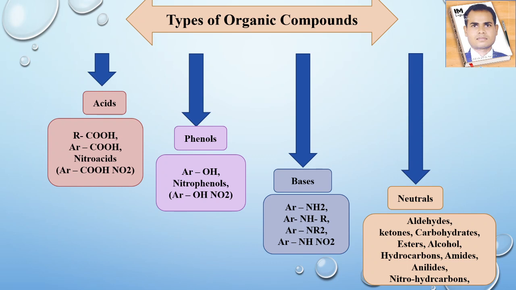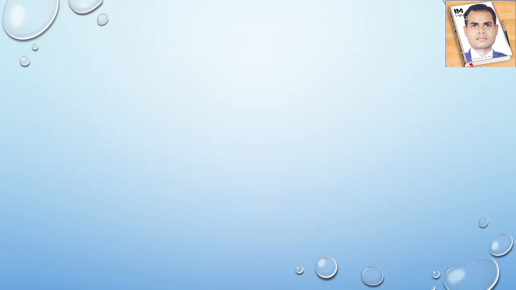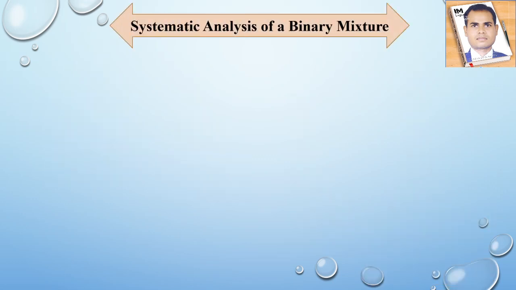All these types of organic compounds may be present in the unknown sample. So we have to analyze binary mixtures systematically. Binary mixture means two types of organic compounds are present in that sample. It may be base, acid, phenol, or neutral. Like this, the mixture will be there.